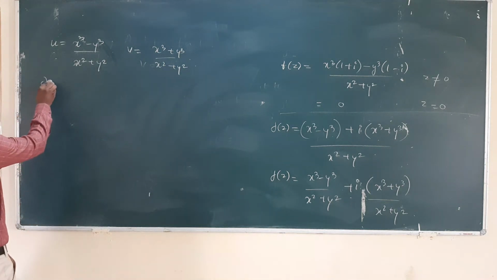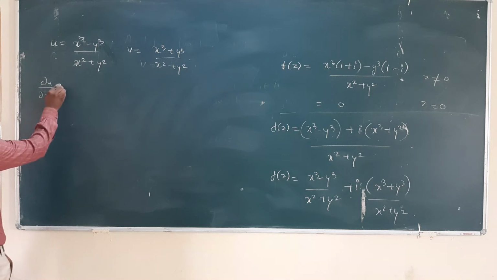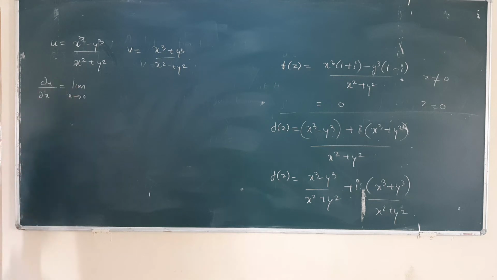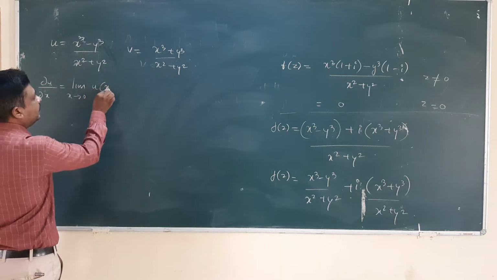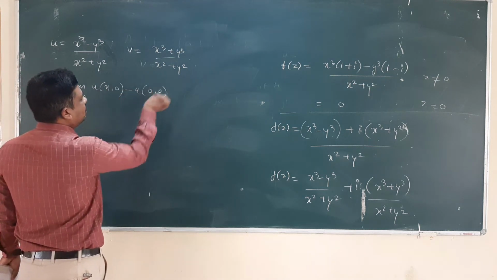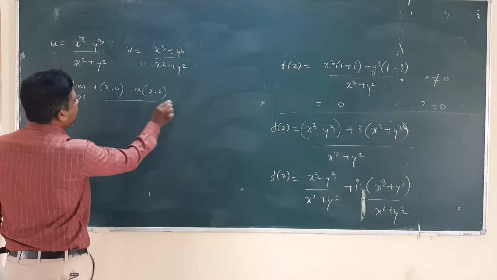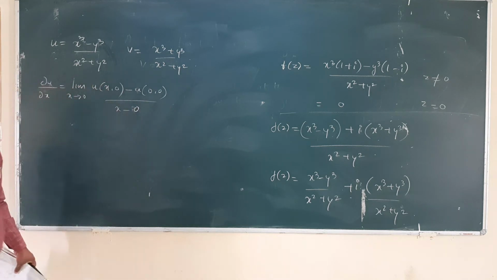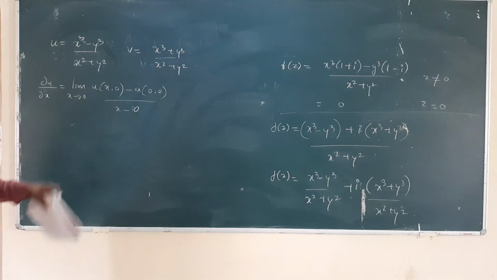Therefore dou u upon dou x is equal to the limit of x tends to x naught of u of (x, 0) minus u of (0, 0) upon x minus x naught, that is 0. Here we are verifying at the point 0.